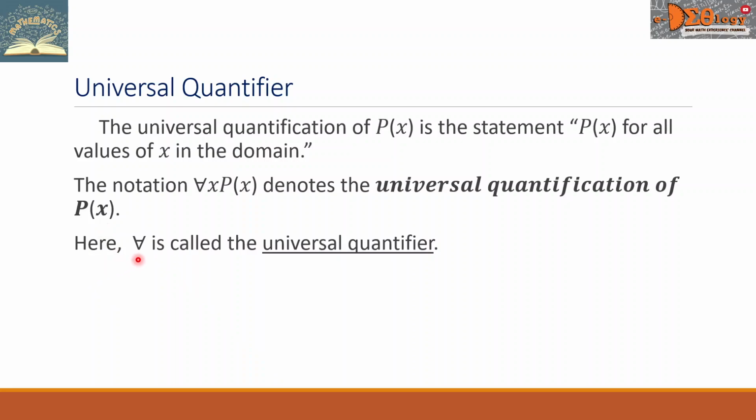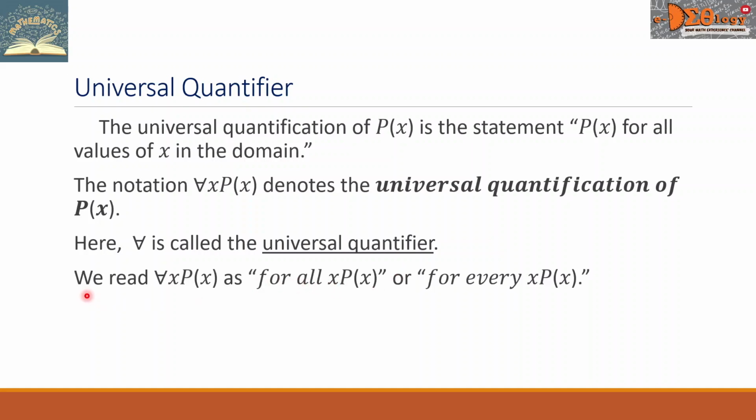Here, this inverted A is called the universal quantifier. We read inverted A x p of x as for all x p of x, or for every x p of x.